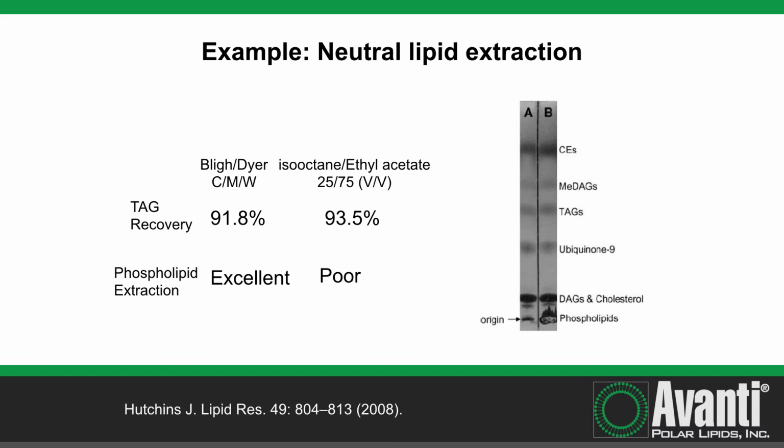But if you change your immiscible solvent to an isooctane ethyl acetate mixture, you still get excellent recovery of the triglyceride and very poor recovery of the phospholipid, and that's illustrated on these two TLC lanes, and you can see that the phospholipid origin down here is really quite remarkably large when you use chloroform methanol compared to when you use the isooctane ethyl acetate.